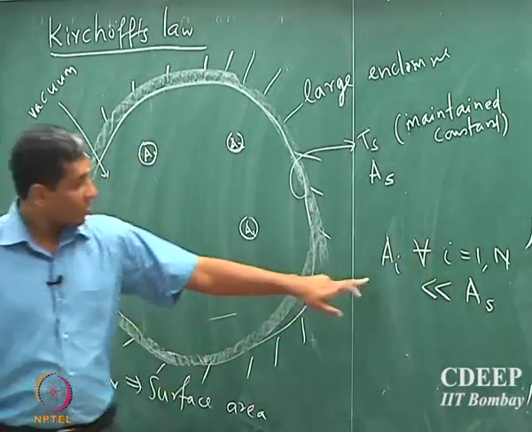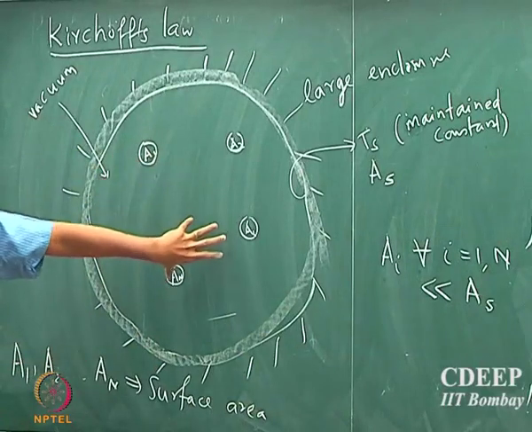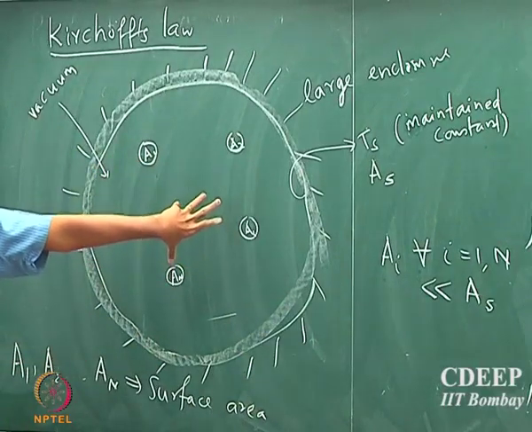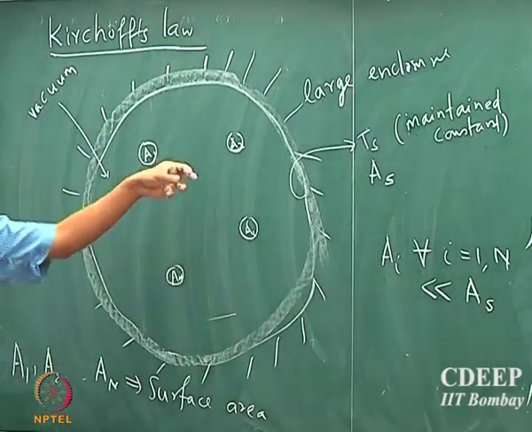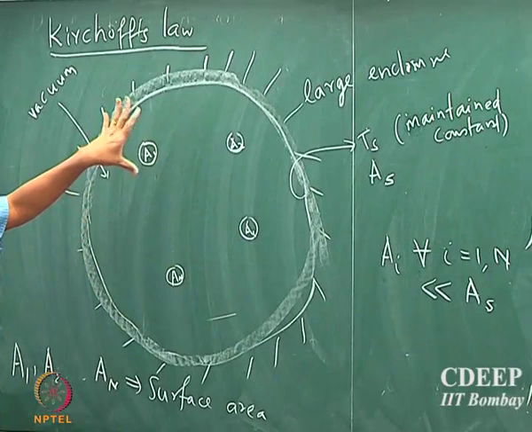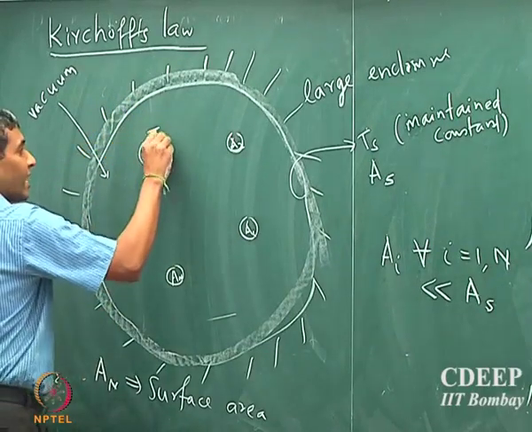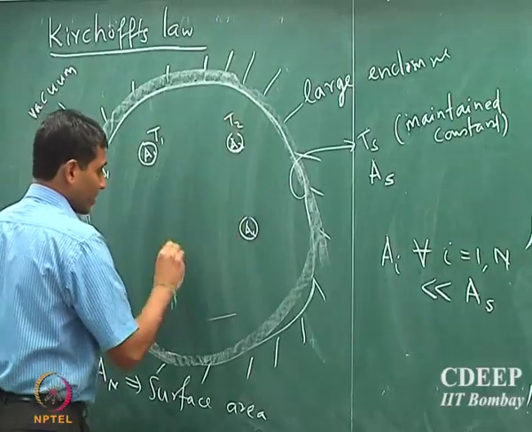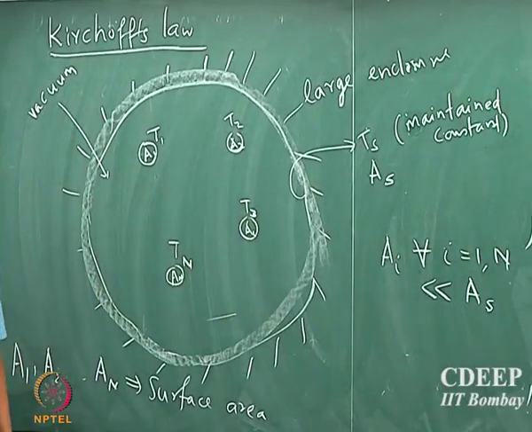So the surface area of all the n objects suspended inside this enclosure is significantly smaller. These are minuscule particles floating inside this large enclosure. And let's say that the temperatures are T1, T2, etc. up to Tn. That's the temperature of the surface. Is that clear to everyone?